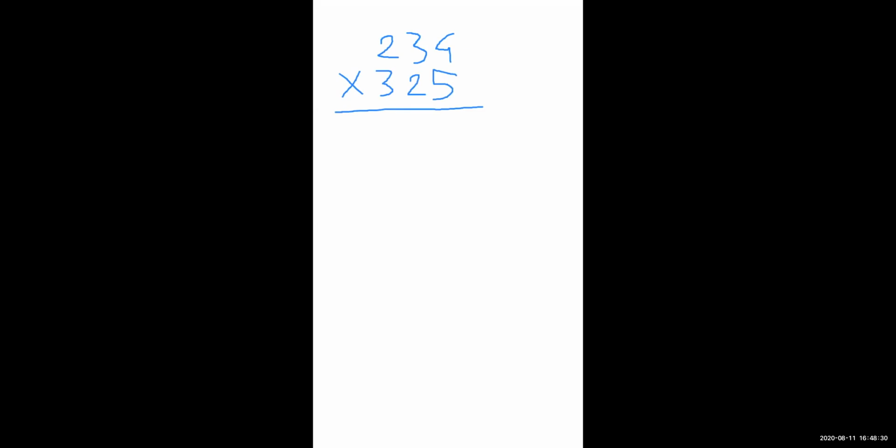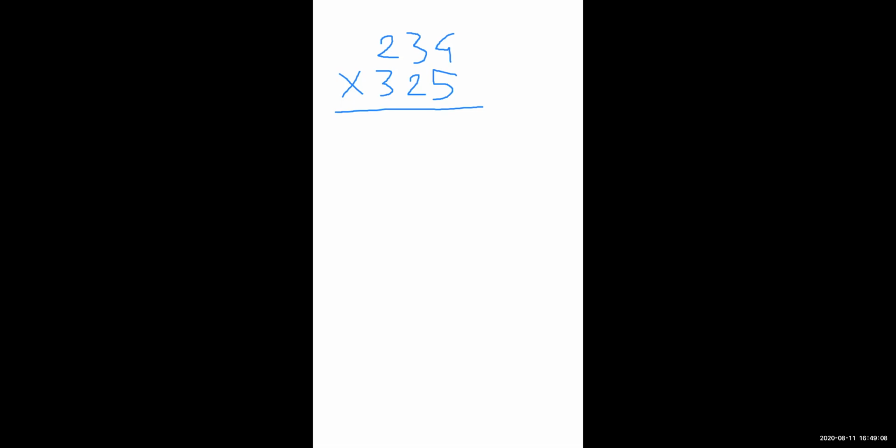Yes, look at this example. 234 multiplied by 325. Okay, see, both the numbers have three digits. So let's take the units place of any one of them. Yes, we will take the first number full, that is 234 multiplied by 5 units. Okay, we are multiplying 234 by 5 units.